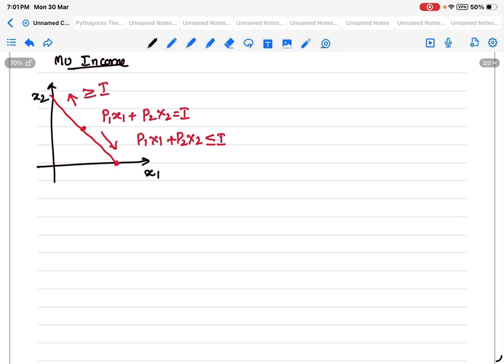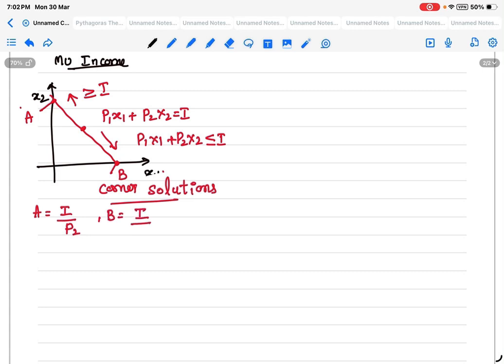These two points are called corner solutions, A and B. At A, it is income by P2. At B, income by P1.